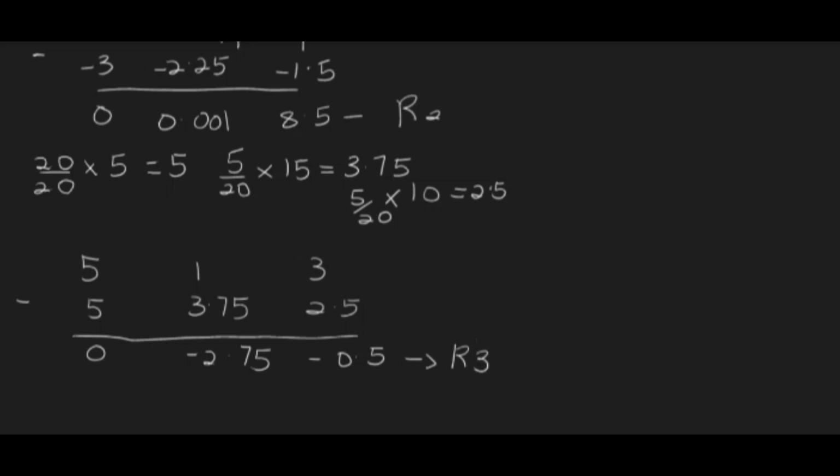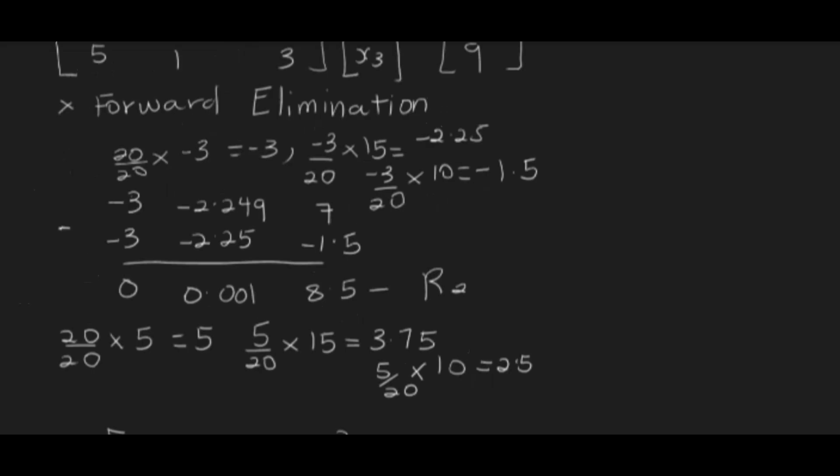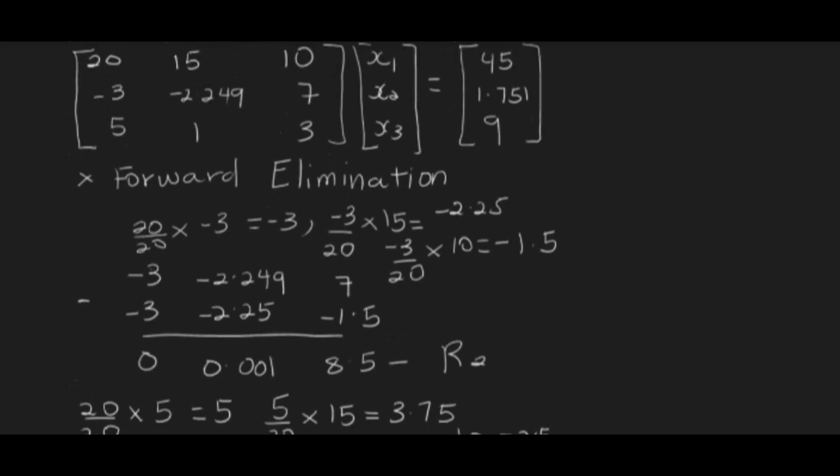So once I have my new row 3 entries, I'll rewrite my equation once again after the first elimination. So I have my first entries 20, 15, 10. But take note, as you multiply, you make sure that we deal with this side also. So after modifying here, we can also continue the simplification here for it to reflect here.